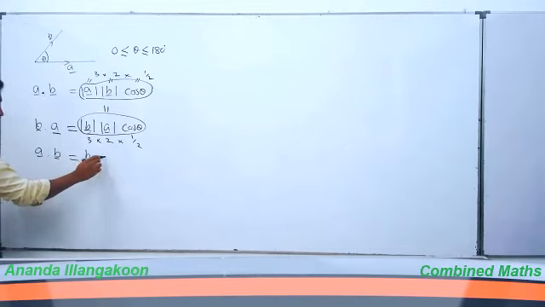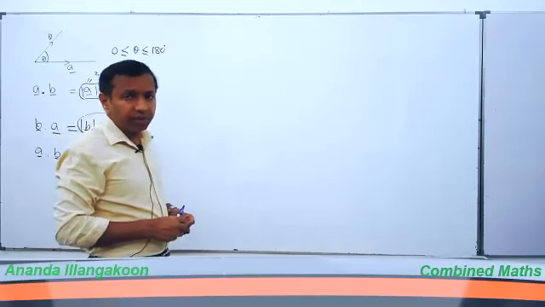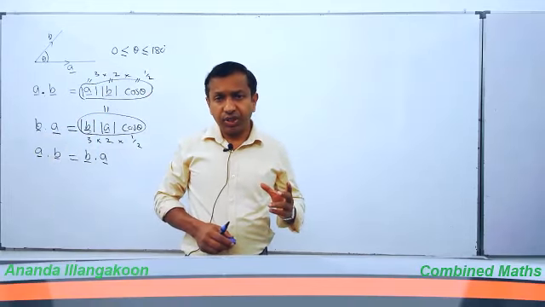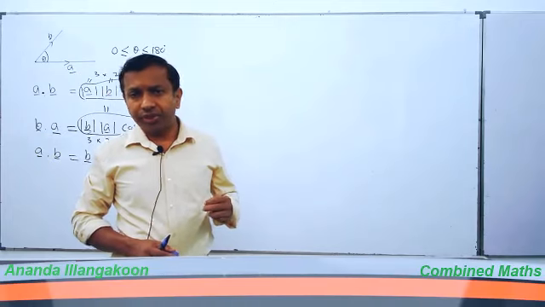A dot B is equal to B dot A. That is the first property. What is meant by that? When we interchange the vectors while taking the dot product, the answer won't change.